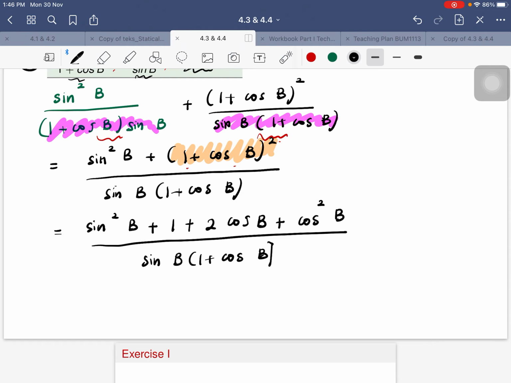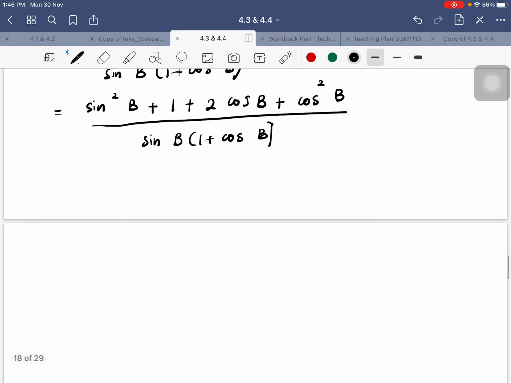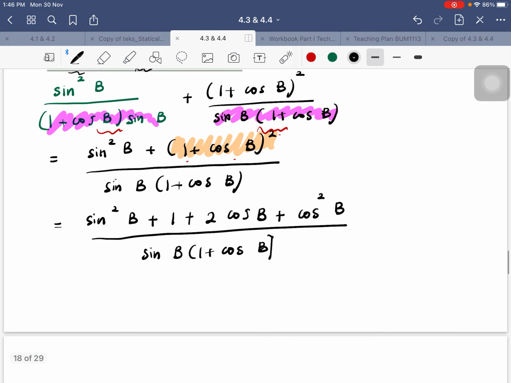Okay, so now that I have it in this form, let me add another page. It wouldn't fit everything. So what I'm going to do is simplify whatever I can on the top. And I noticed that there is something that we're familiar with. At the top, I have sine square b plus cos square b. And we know that sine square b plus cos square b is equivalent to 1. I'm going to put that over here so that you know what I am doing.